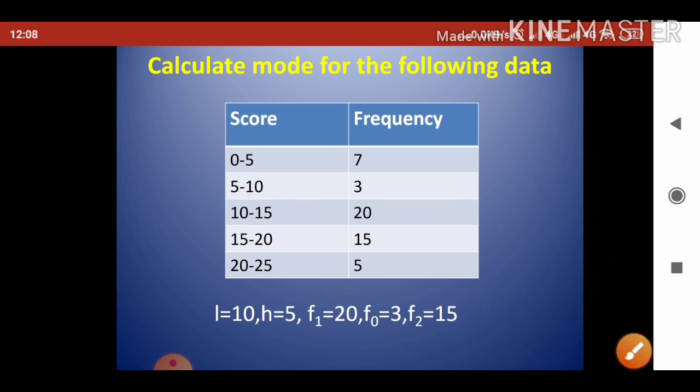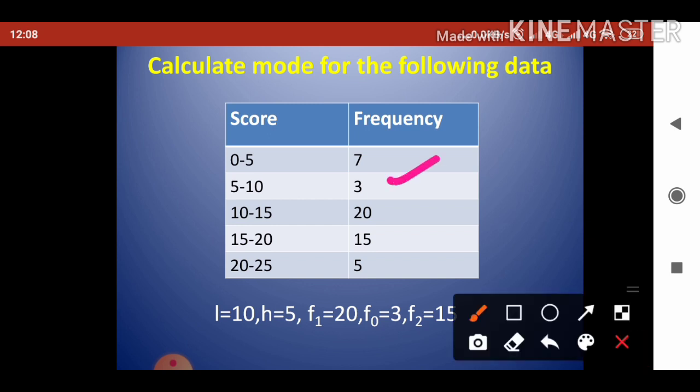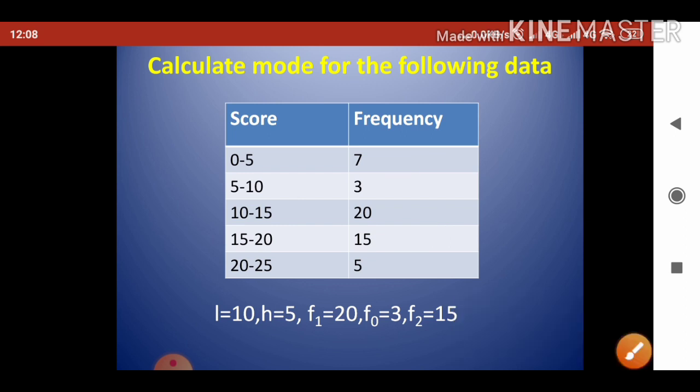F1 is the modal class frequency, and F0 is 3, that is the pre-modal class frequency, and F2 is the frequency of the post-modal class, that is 15. Here the modal class is 10 to 15. So pre and post frequencies are noted as F0 and F2.